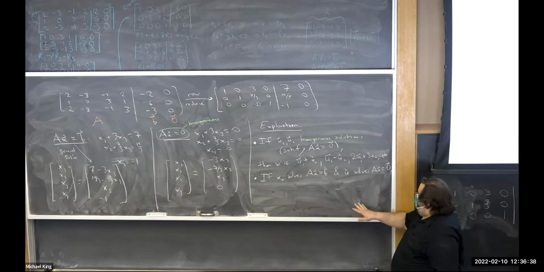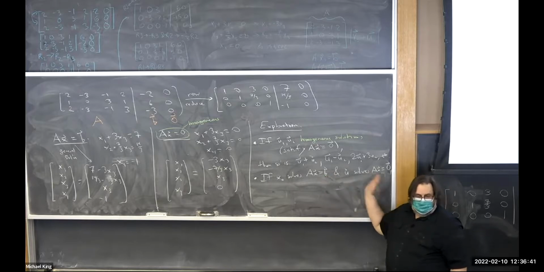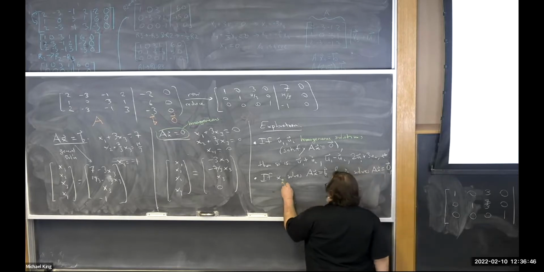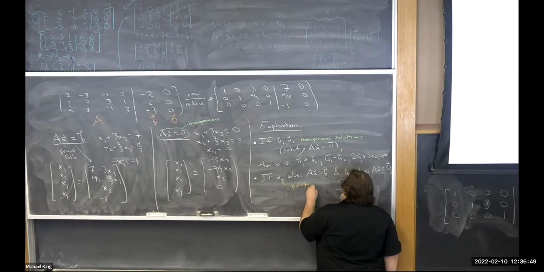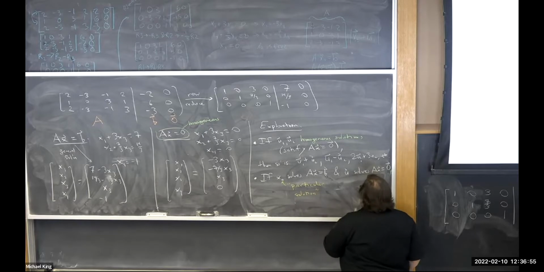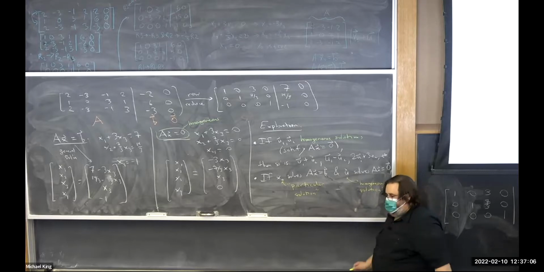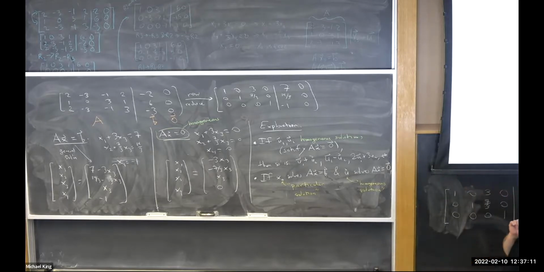It's nice to make the thing after the equal sign 0, because they're going to be related. This is called a particular solution, like in textbooks, and this is called a homogeneous solution. In other disciplines you pronounce that differently, but mathematicians for some reason say it their own way. I don't know why.